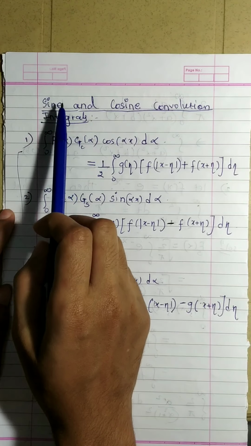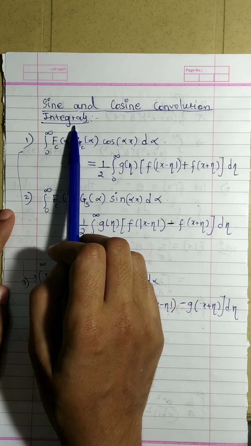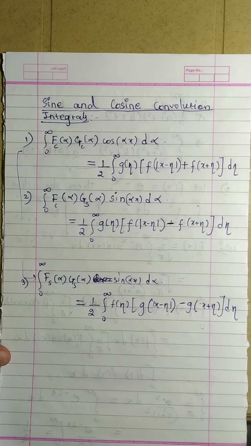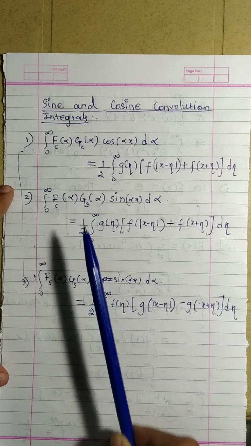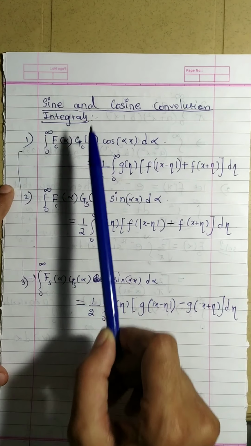Next, sine and cosine convolution integrals. We have already seen the convolution integral for the functions f of x and g of x. Now here are some of the formulas for sine and cosine convolution integrals.